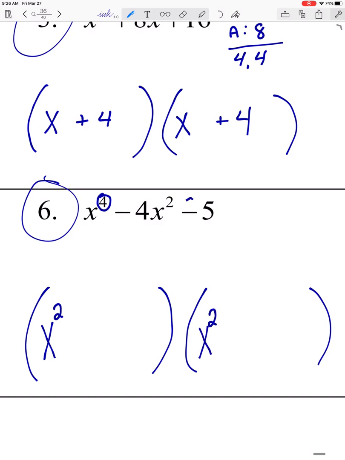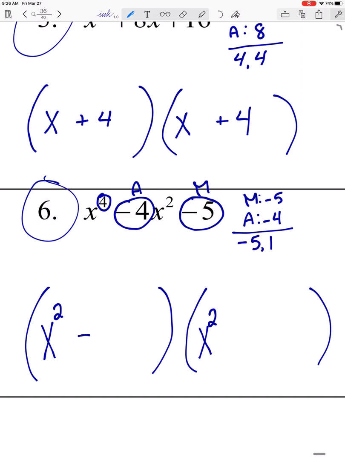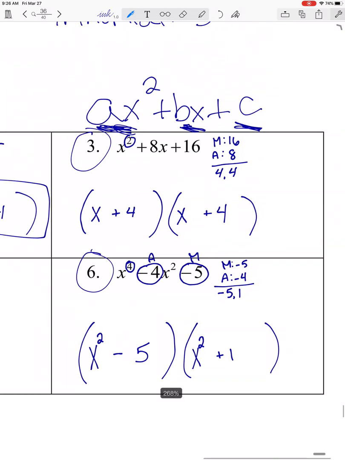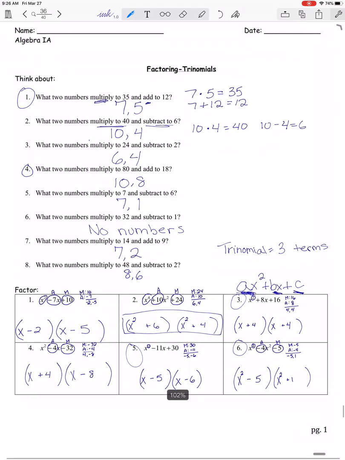So we're looking for two numbers that multiply to negative 5 and add to negative 4. Multiply to negative 5 and add to negative 4. So when we do that, you should have got negative 5 and positive 1. So this would be your answer. All right, so that is how we factor trinomials.